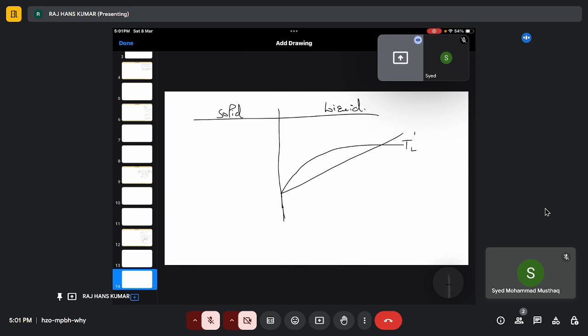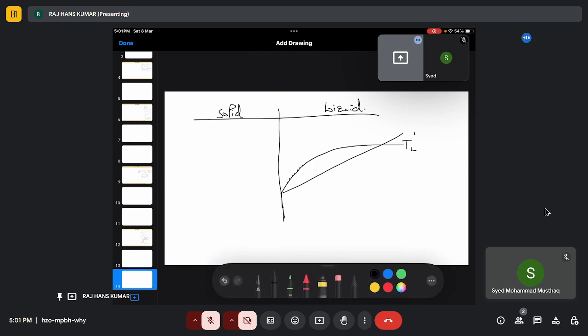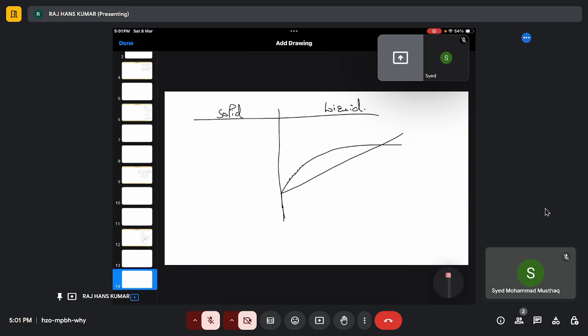Now, what will happen here? If we have a case like this, that means whatever the solid that has been formed, this is the equilibrium. Let me erase this part. So this line is my actual thermal change with respect to x, or the distance.